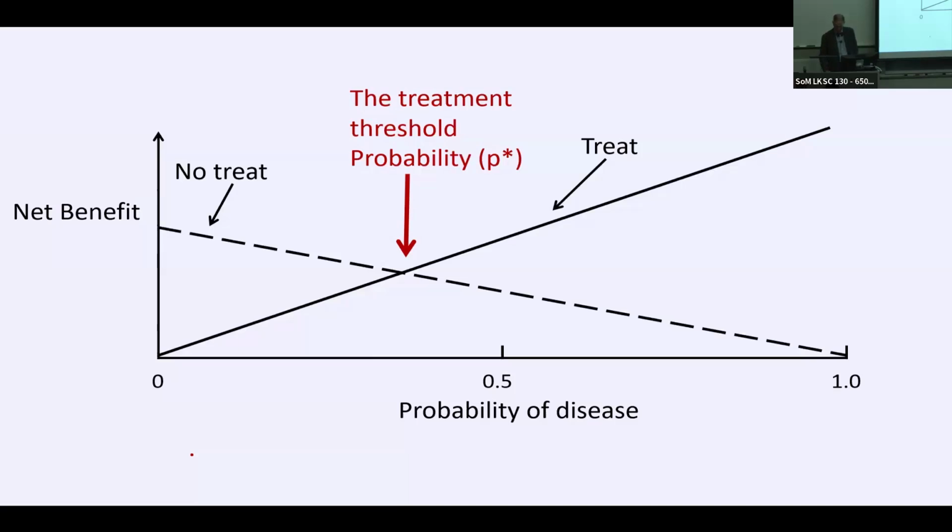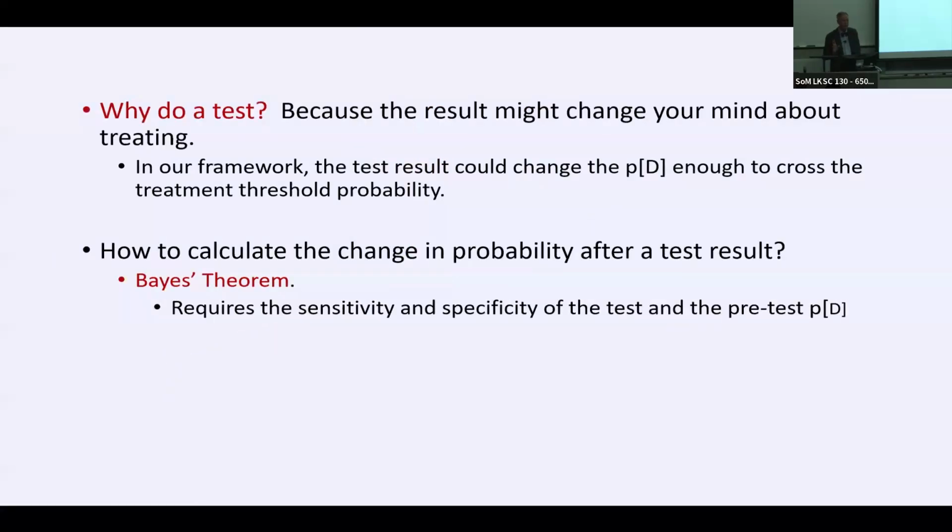Unless, of course, you decide to do a test. And that's what we come to next. So why do a test? Well, in the framework we're trying to develop, the test result could change your probability from below the treatment threshold to above the treatment threshold so that you would actually do something different as a result of the test result.